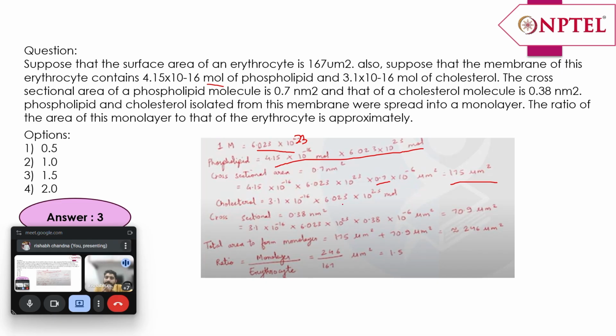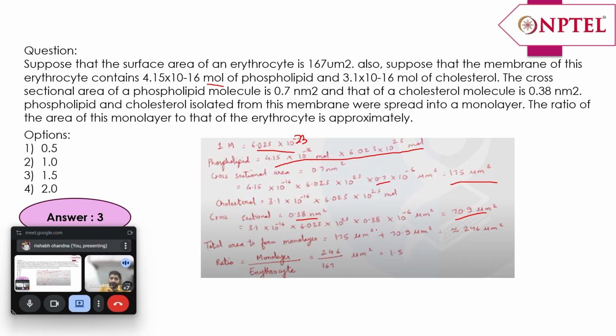Then the same with the cholesterol, its surface area is given as 0.38 nanometer square. So this would be the actual surface area covered by the cholesterol molecules in that monolayer.